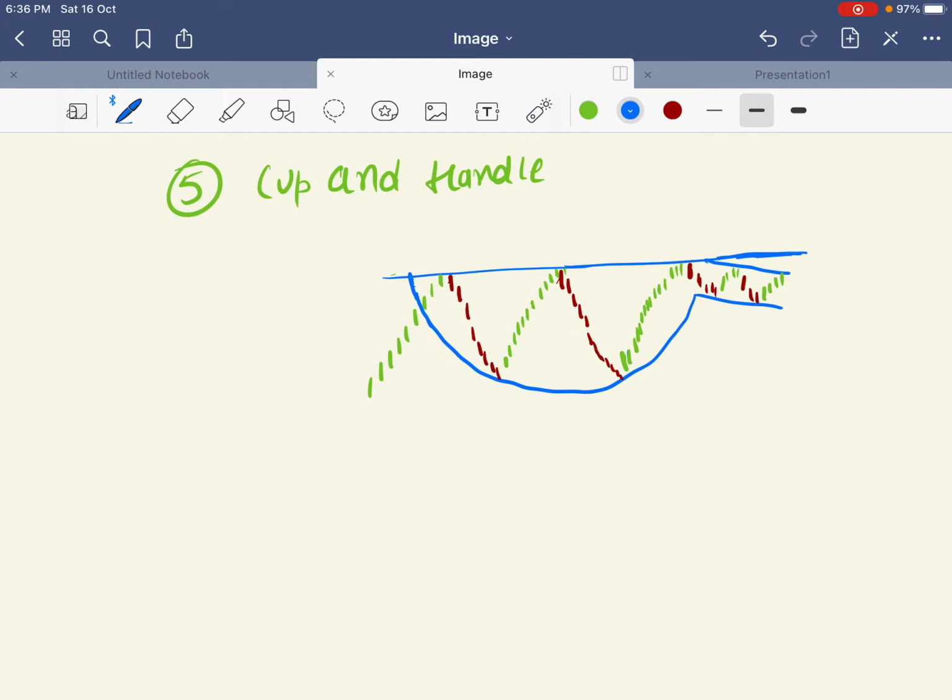You can enter after the breakout from this line and put your stop loss inside or below the resistance zone here, and wait for the target, like a bigger target at this point. So this is your cup and handle, which is a bullish pattern.